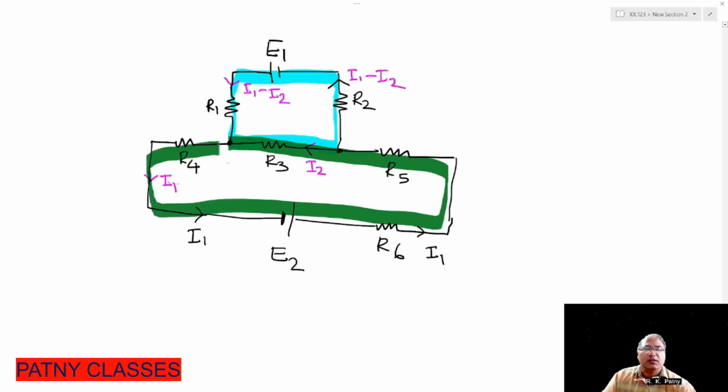So this is another closed loop. In a given network, there can be more than one closed loop, two, three, four, any number. It depends upon the size of the given network. The number of components may vary from one network to another, and so may the number of closed loops.